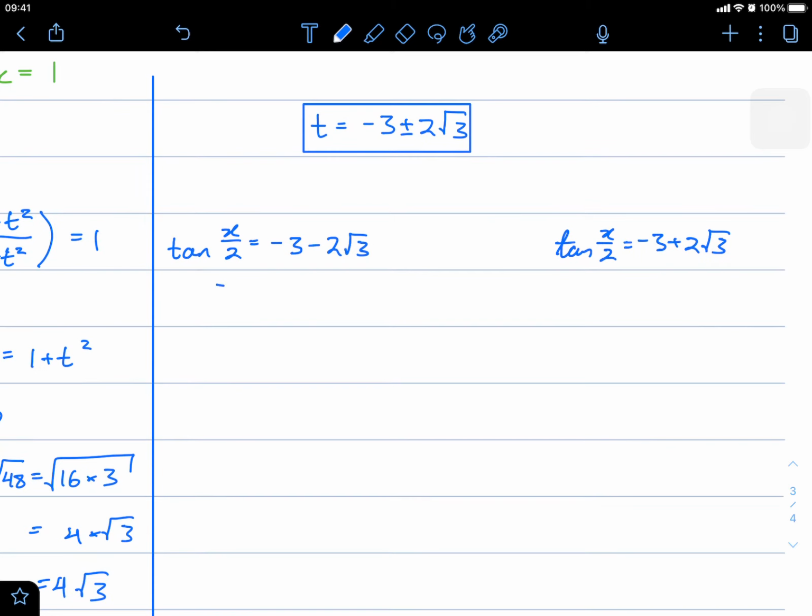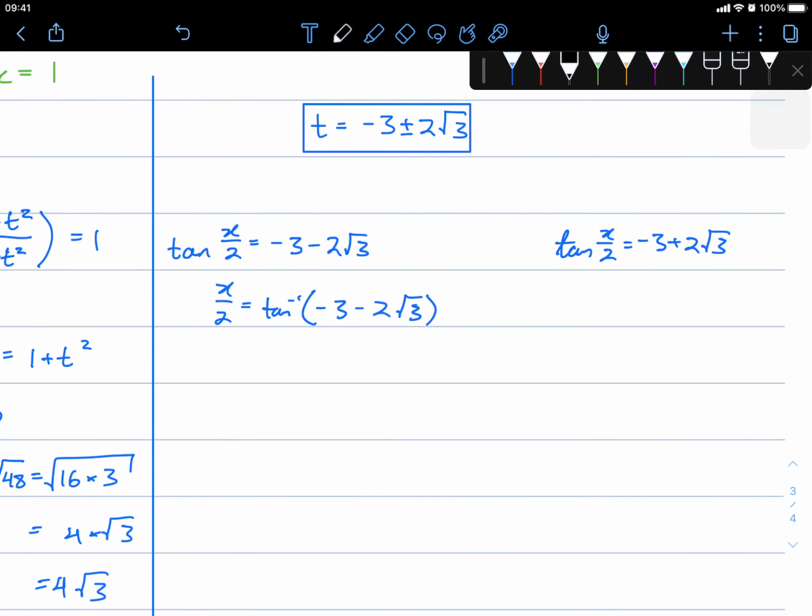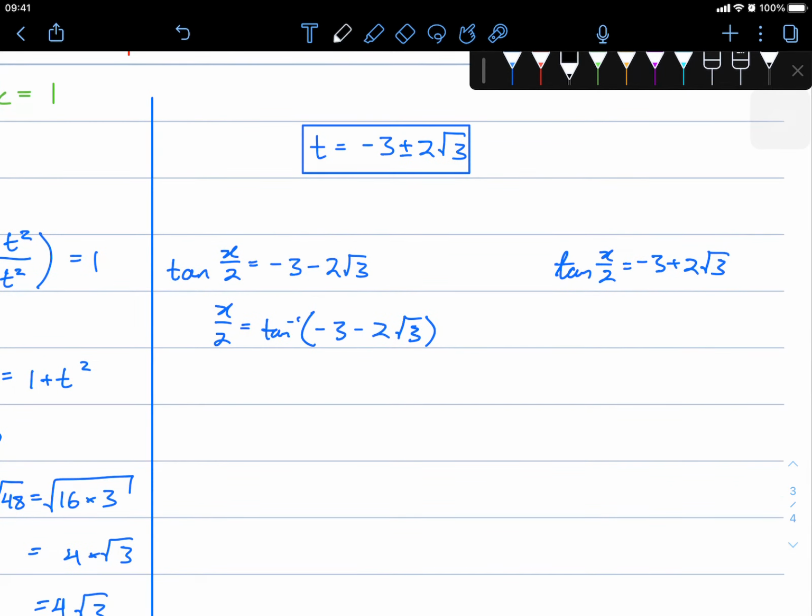Taking the inverse of these, so tan inverse of negative 3 minus 2 root 3. Now, at this point, it's always good to check if this value is positive or negative. You can probably guess, just looking at it, that it's going to be a negative. We get negative 6.4641.